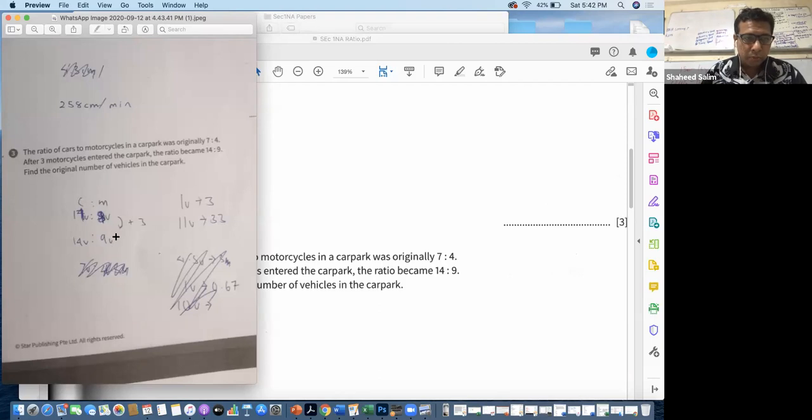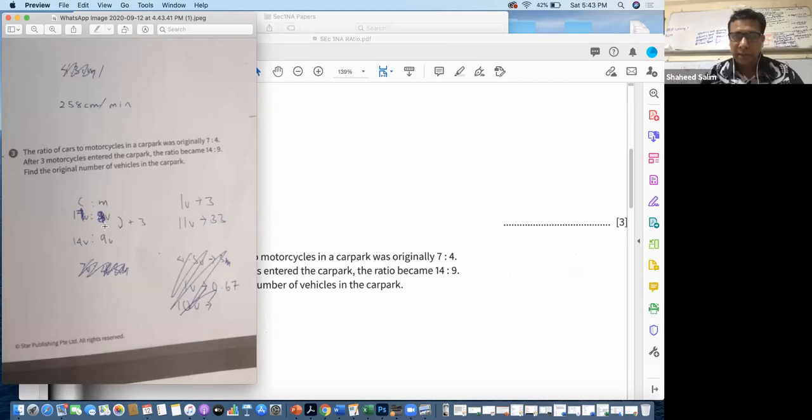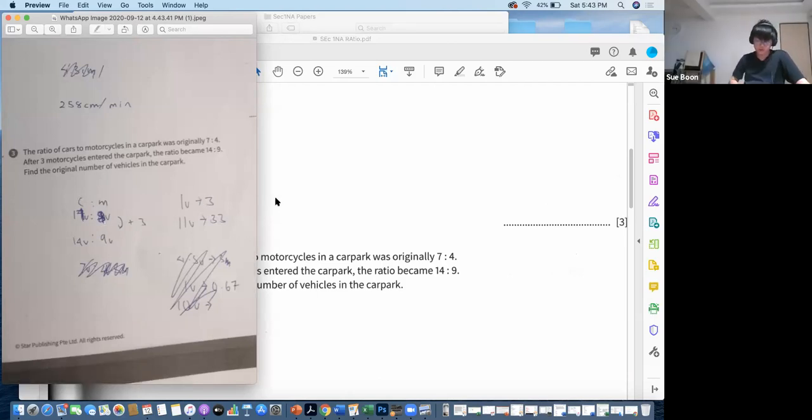So let us see how you do this. Cars to motorcycles gets 14:9. What is this on top here? Is it 66? Yes, it's 66. Now, how do you get 66? Explain to me how. 7 is to 4, then I add the 3 motorcycles.